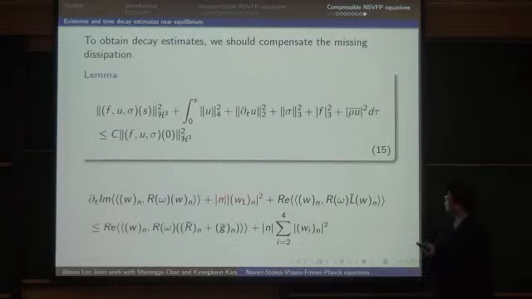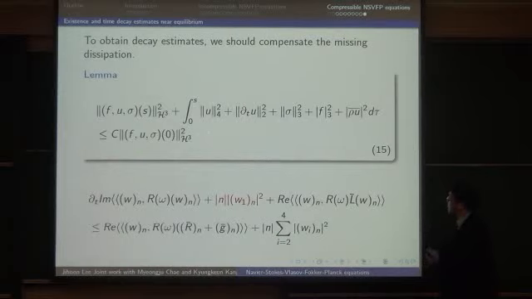To obtain decay estimates, we should compensate the missing dissipations. For the dissipation of L, if we have this kind of lemma, then we have exponential decay.